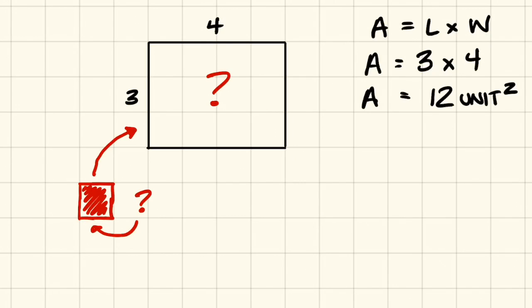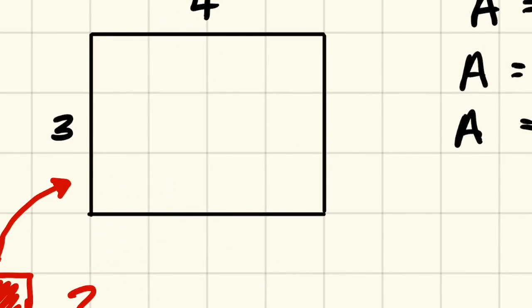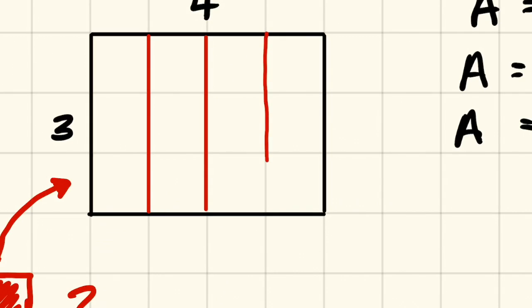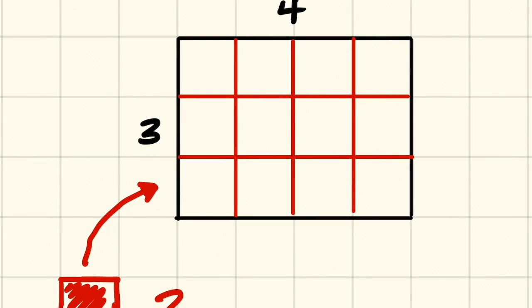Why is it 12? And I'll use my measurement here. Now let's zoom in here. Let's take a real good look here. So I've got my shape here. Now watch this. I'm going to take it and I'm going to cut it into rows and columns. Now in doing so, I want you to notice that each of those is equivalent to this guy right here.